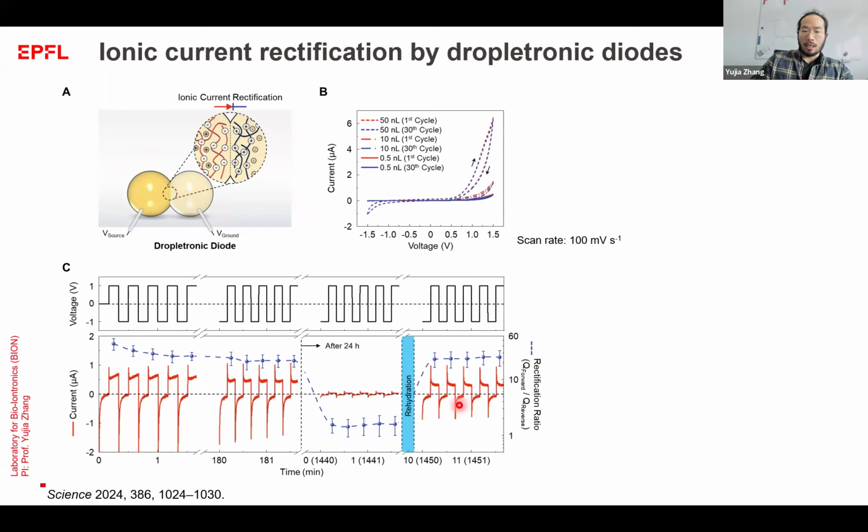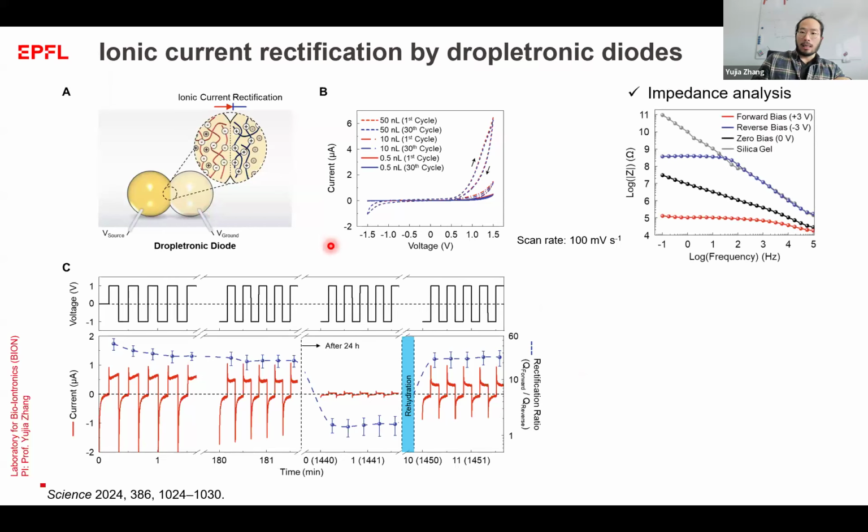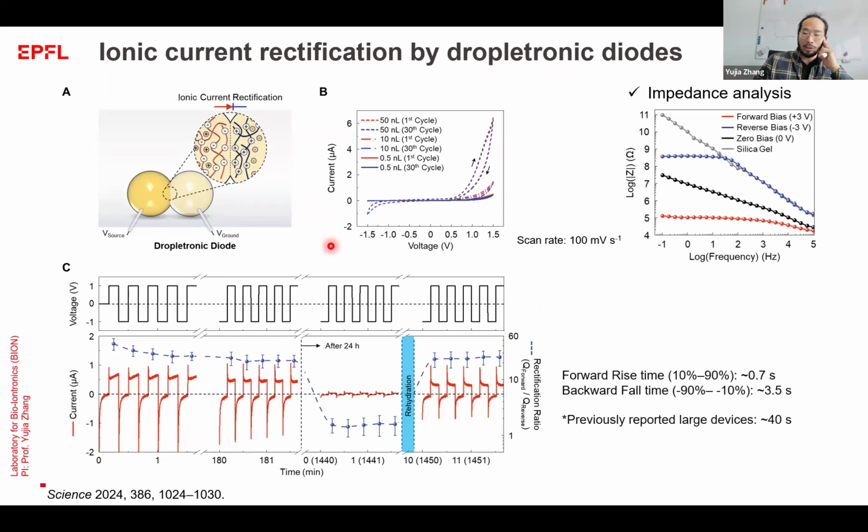However, we can restore part of the performance by rehydrating the droplets, by pipetting a small aqueous droplet around it, or by placing the Dropletronic diode on a water-saturated substrate, let's say a silicon dioxide substrate saturated with water. And we also verified the conduction by impedance analysis, and as I mentioned, the response time is very fast.